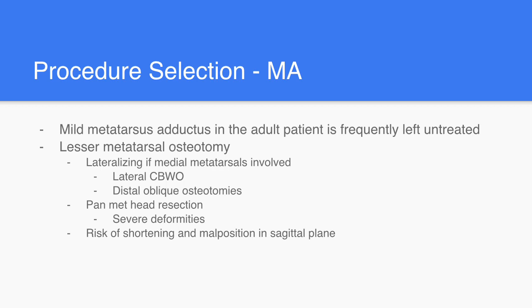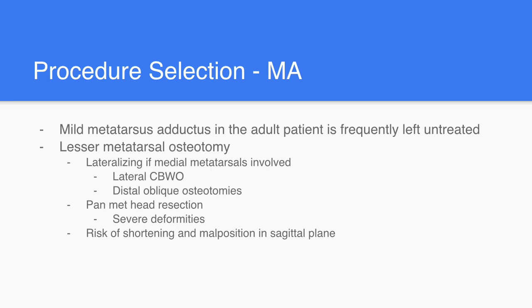So switching now to procedure selection for the metatarsus deformity. A mild metatarsus adductus in the adult patient is frequently left untreated, and that's fine. However, in the moderate to severe cases, you definitely want to consider a lesser metatarsal osteotomy.